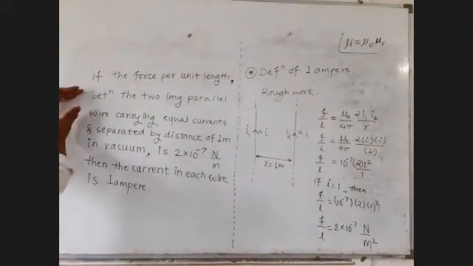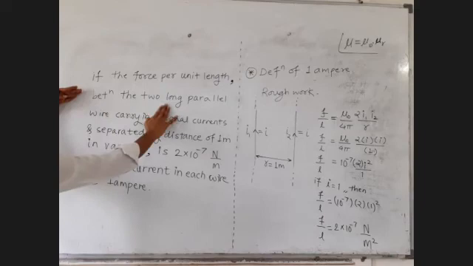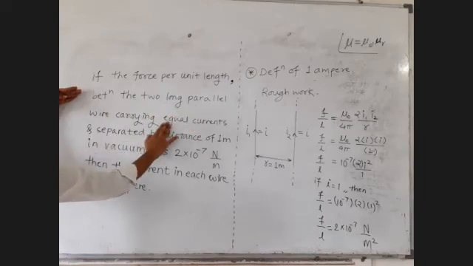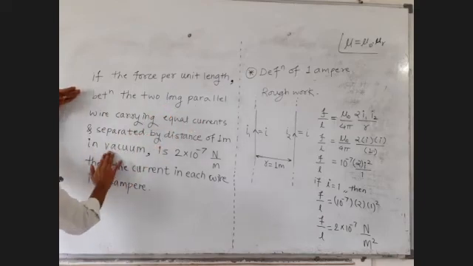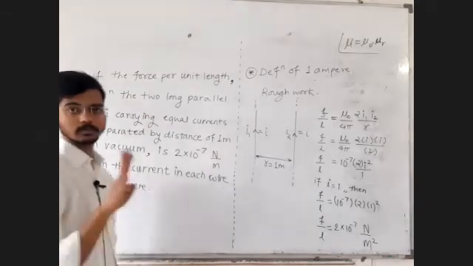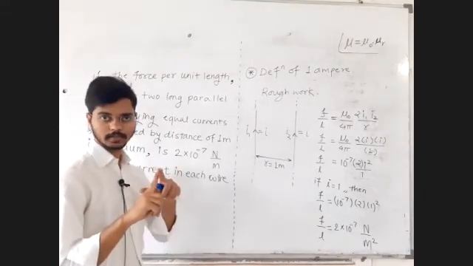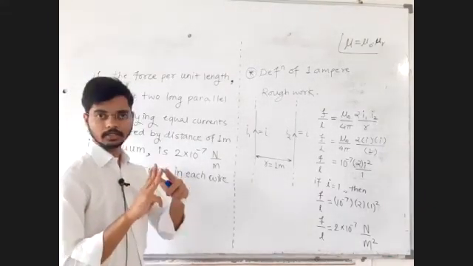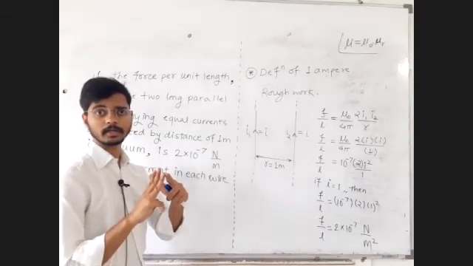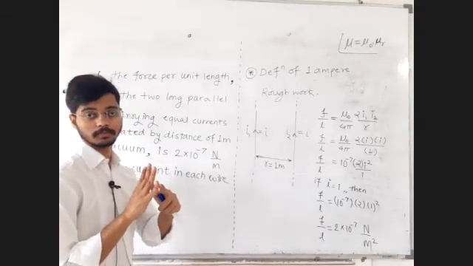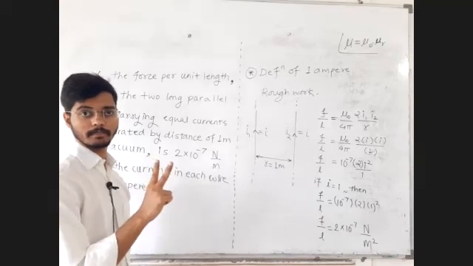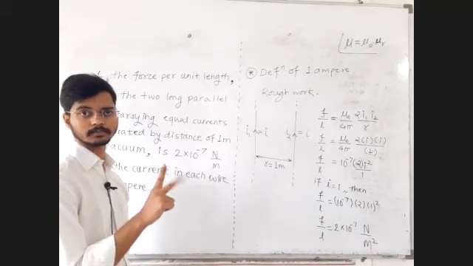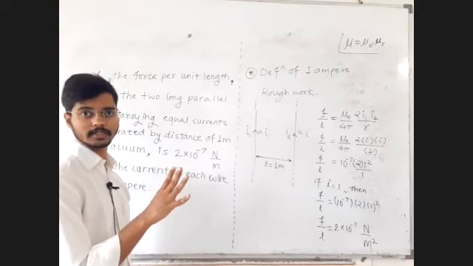For this condition, two long conductors are needed, equal current is needed, separation of 1 meter is needed, and they must be in the vacuum. There are 4 points: long parallel conductors, equal currents, distance between them 1 meter, and placed in the vacuum.